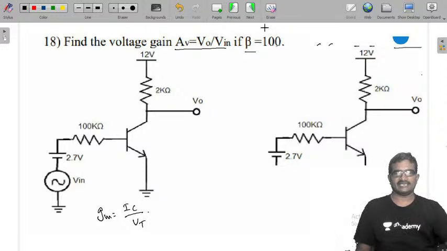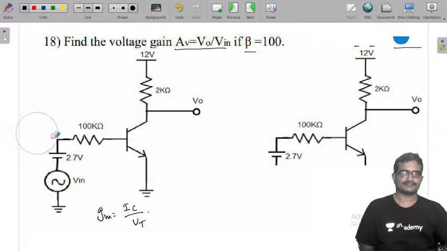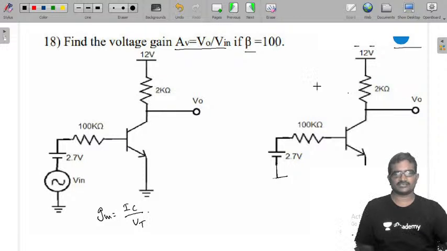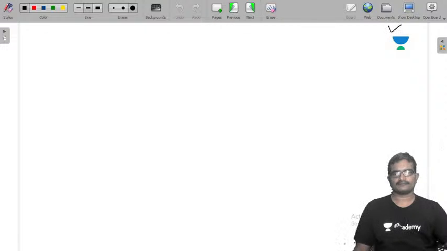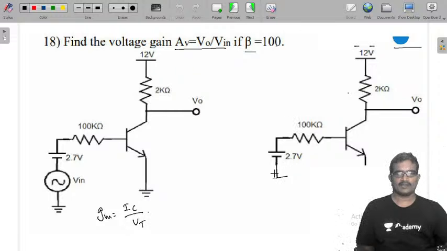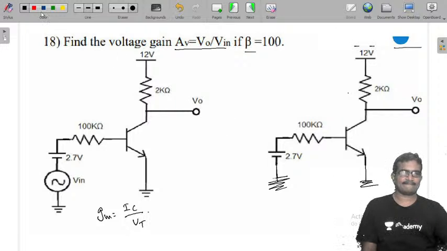Now, the AC voltage source Vin is shorted. It is grounded and the emitter is grounded already. So it is 2.7. We know that VBE is 0.7.